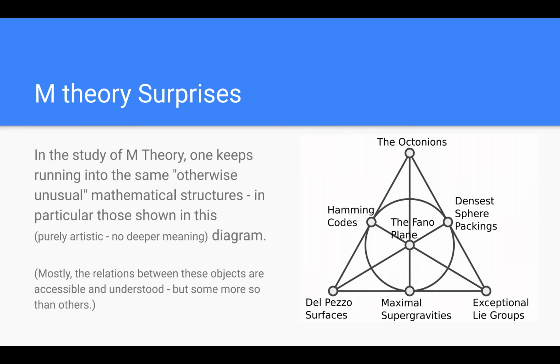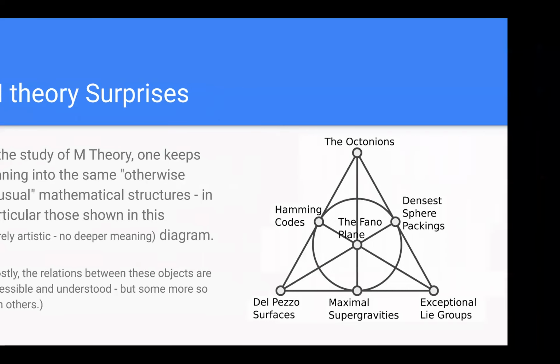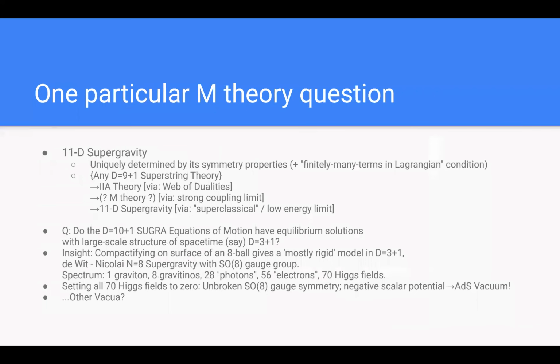So mostly the relations between these objects are accessible and understood, but some of them are more so than others, and there are still new things to explain and discover about this. Now, 11-dimensional supergravity is uniquely determined by its symmetry properties, and also the condition that we only want to have finitely many terms in the Lagrangian, of course. And we can see it as follows.